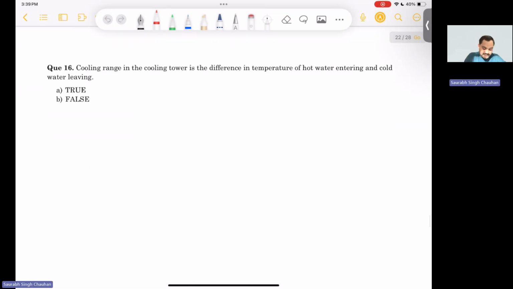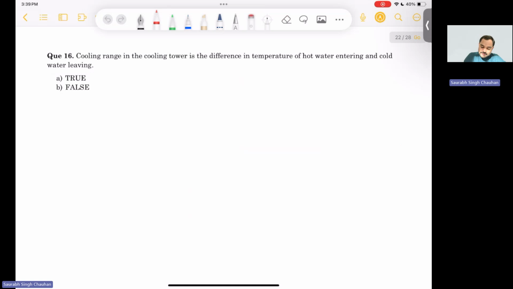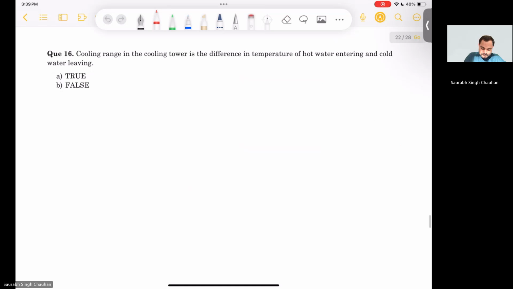Question number 16. It says the cooling range in a cooling tower is the difference in the temperature of hot water entering and cold water leaving. So as we discussed, what is a cooling tower?